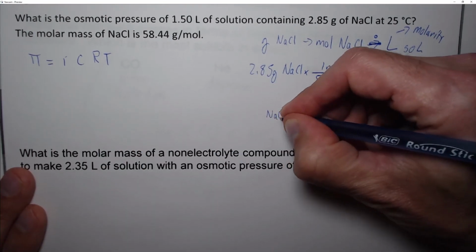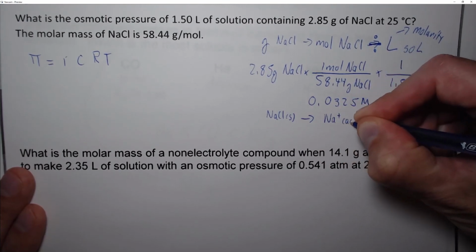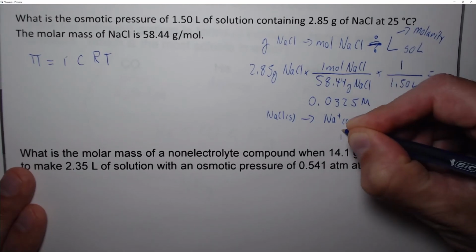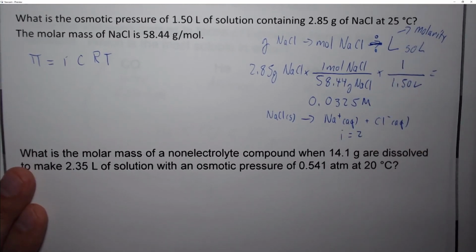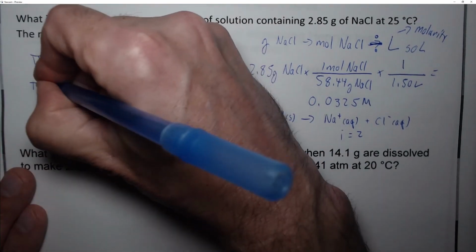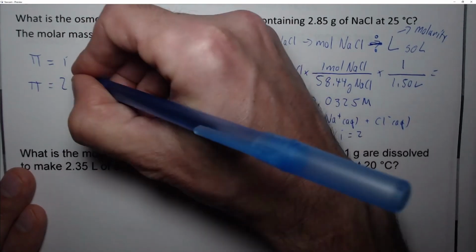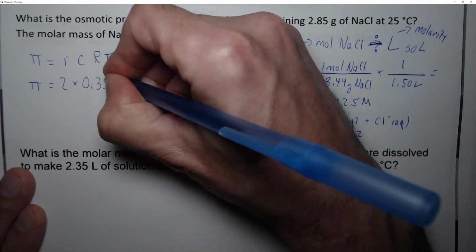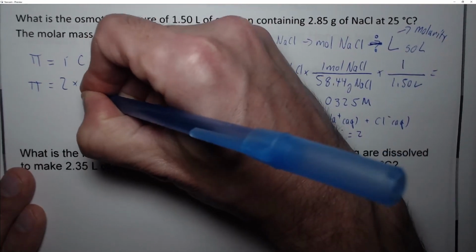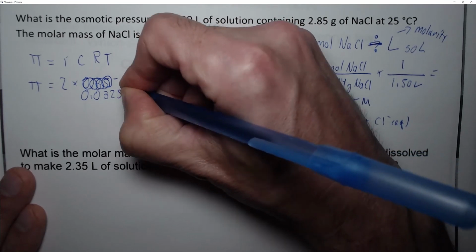The only other thing we need to solve this problem is I. Well, if we have NaCl solid, it's going to break up into Na plus aqueous and Cl minus aqueous. So I is equal to 2. We can now plug in pi, the osmotic pressure, equals I, which is 2, times the concentration, which is 0.0325 molar.